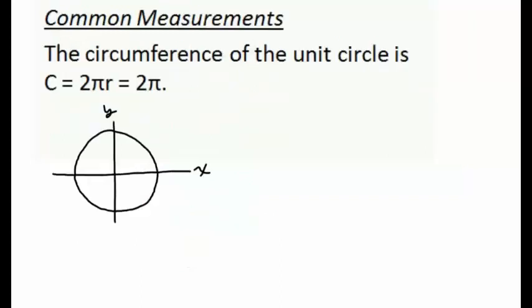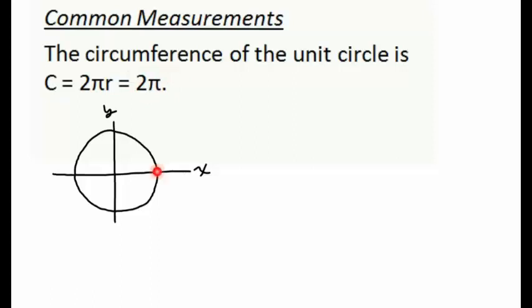Now what I'd like to do on this slide is get some common measurements for degrees and radians. And what's going to allow us to do this is the fact that we're using the unit circle. So we could calculate the circumference, which is all the way around our unit circle, and this is given by the formula C equals 2 pi r. But our radius is 1, so the circumference is really equal to 2 pi.